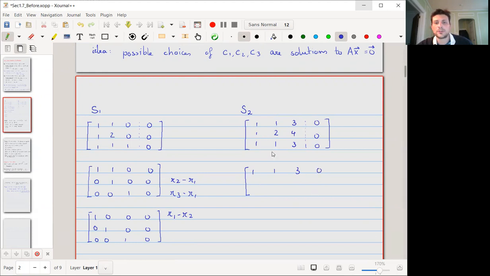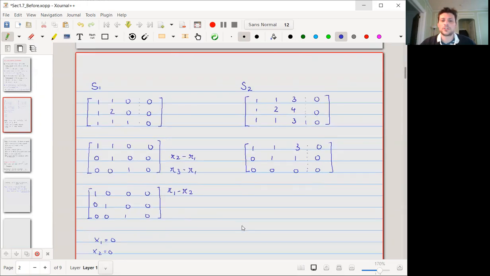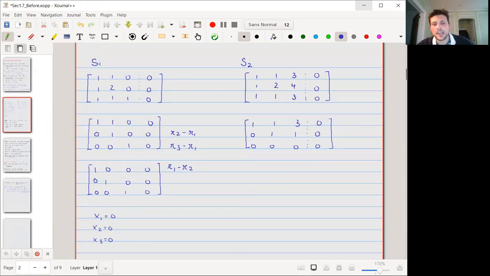I'll subtract the first from the second, so I get 0, 1, 1, 0, and I'll subtract the first from the third, 0, 0, 0, 0. Something different is starting to happen. We see a row of zeros, which tells us that the behavior will be slightly different. Let's finish our Gaussian elimination. To do that, I need to subtract the second row from the first.